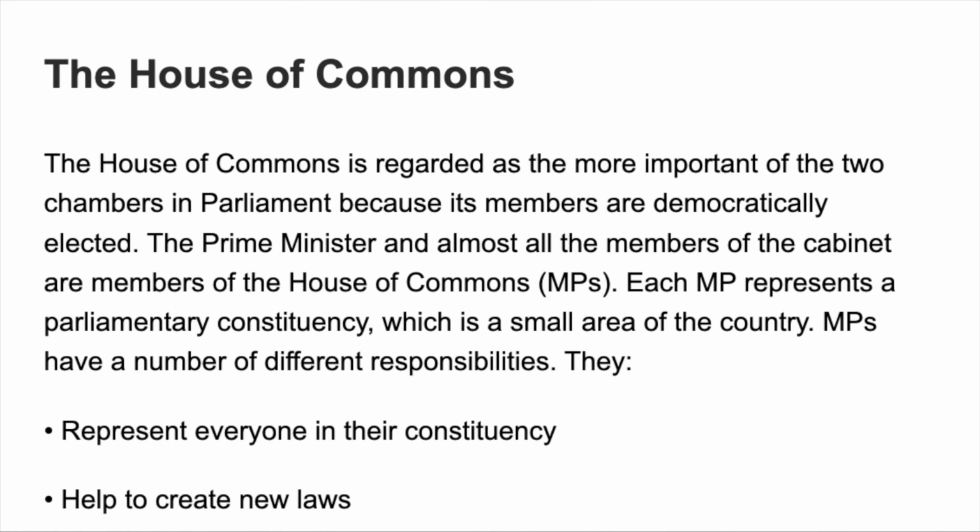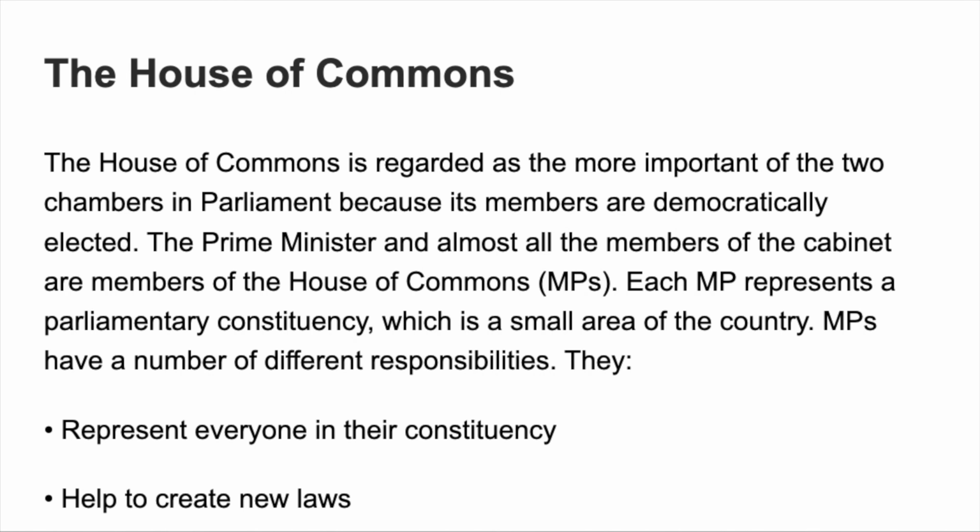The House of Commons. The House of Commons is regarded as the more important of the two chambers in Parliament because its members are democratically elected. The Prime Minister and almost all the members of the Cabinet are members of the House of Commons, MPs.